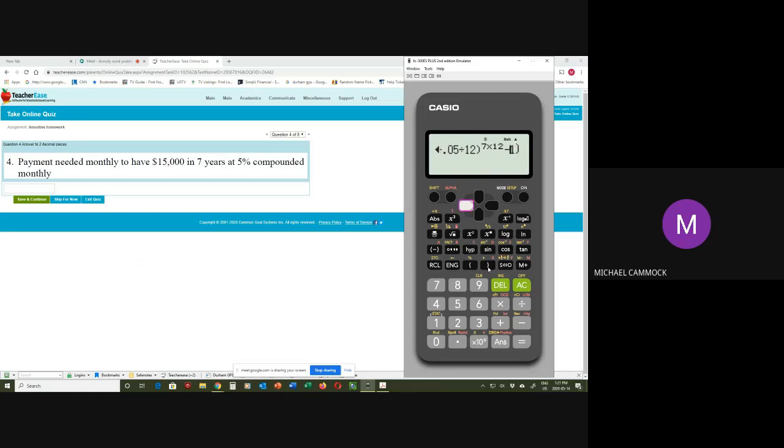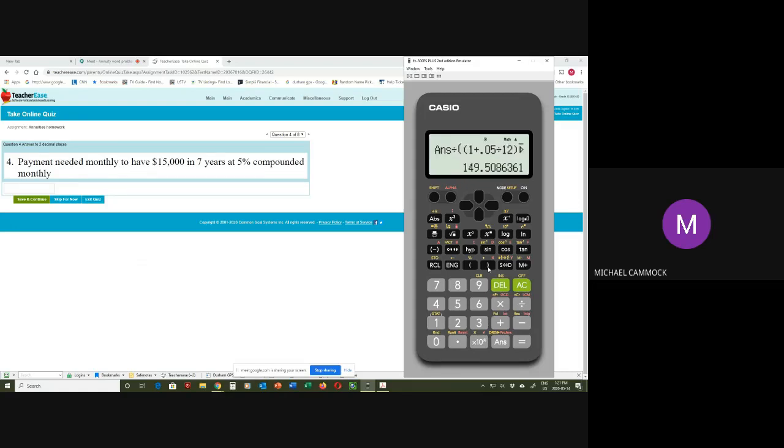Let me go back and show you what I've just done. All right, so my answer from the top divided by bracket, 1 plus 0.05 divided by 12 raised to the power of 7 times 12. Why 7? Because it's 7 years. Why 12? Because it's monthly. Go over 1 so I can bring it back down, -1. And here's my answer.